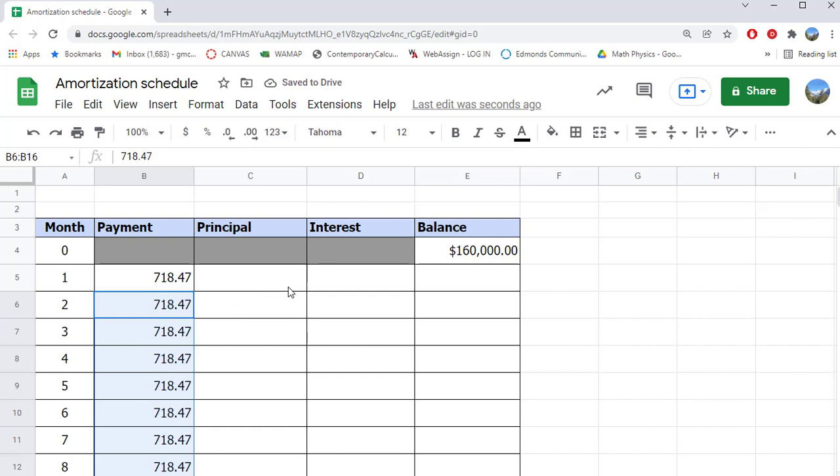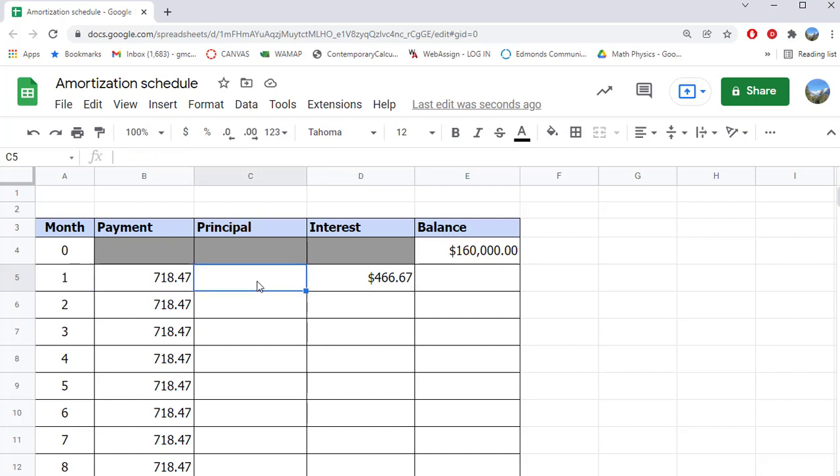Okay, so now the interest equals 0.035 divided by 12 times, and I'm going to click on this cell, and it's going to grab that cell, and press enter. Okay, now the principal, remember we're going to take this payment and subtract off this interest.